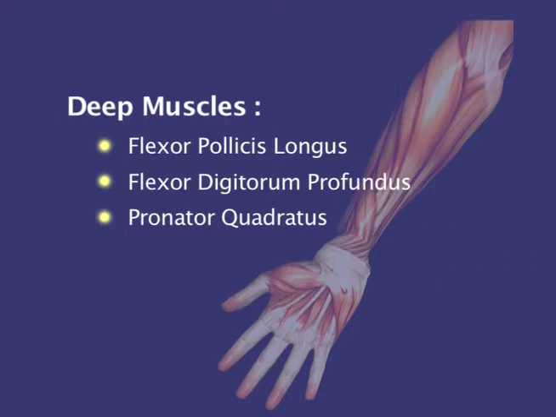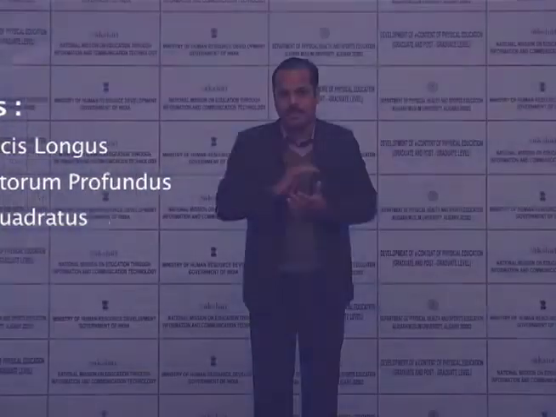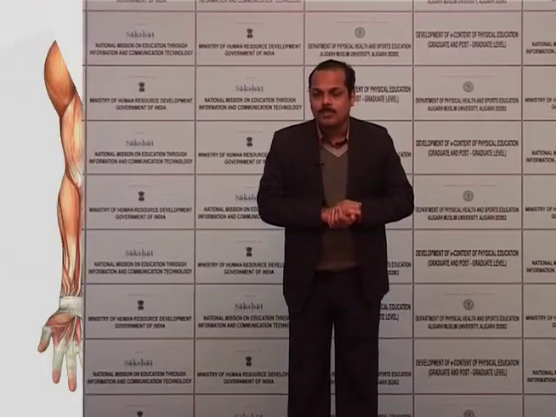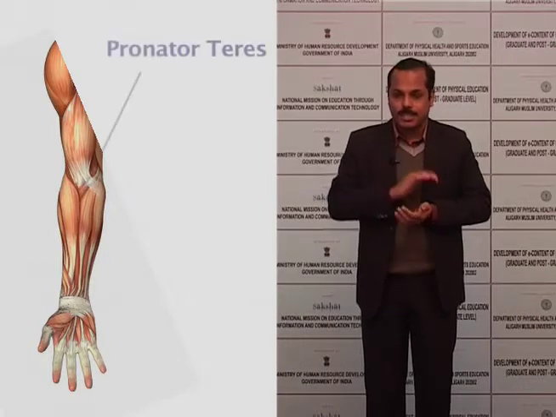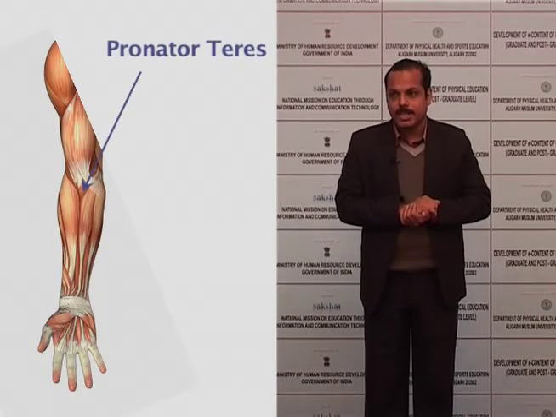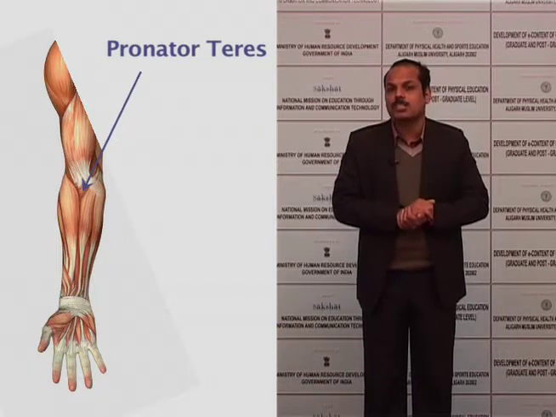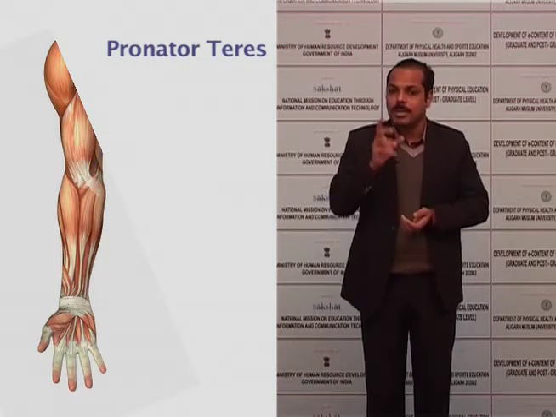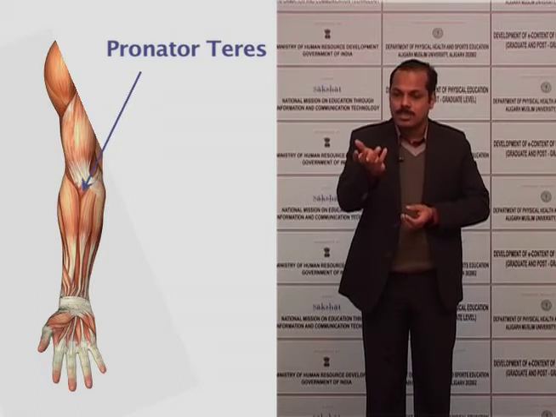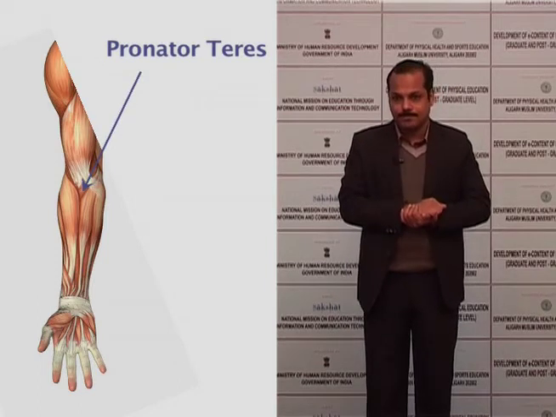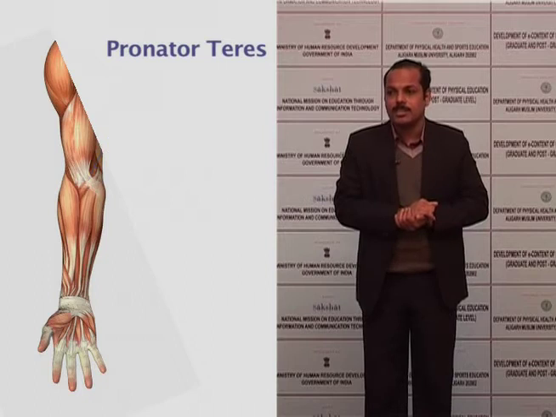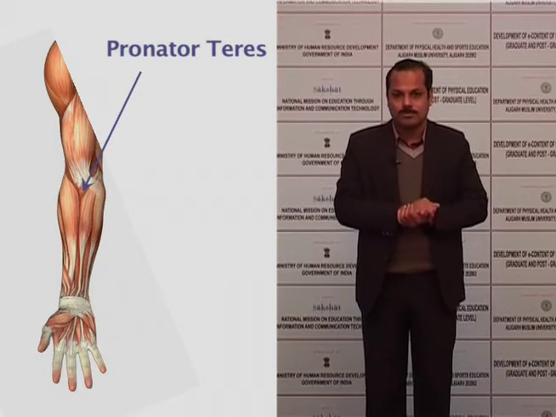Now we will go through the anatomy of the superficial muscles briefly. The first muscle is the pronator teres. By name itself, we can understand the action of this muscle. It is the main pronator of the forearm. Along with that, it flexes the elbow also.